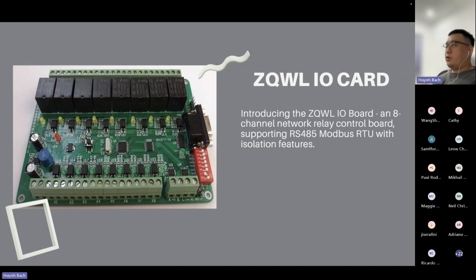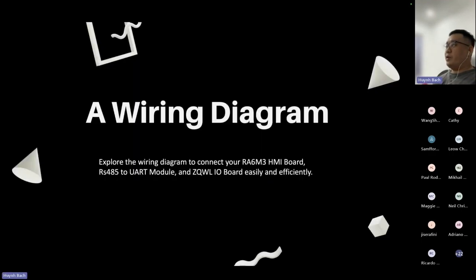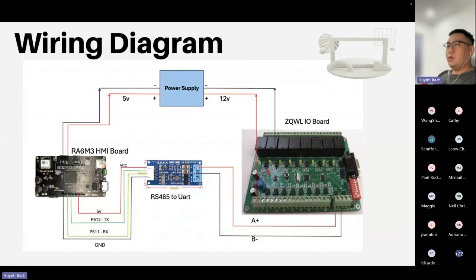So I will show you the wiring diagram here. Here I use 5 volt to supply the power to the SMI board and 12 volt for the I/O card board here. And you can see at the bottom here, my mouse.